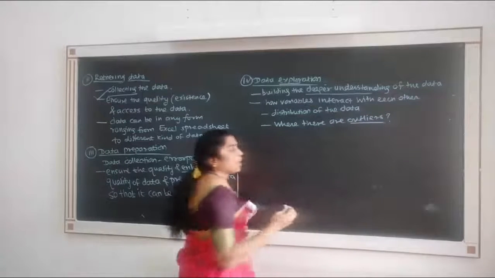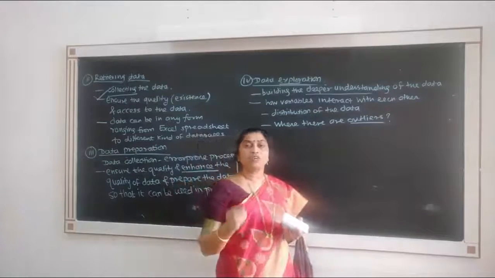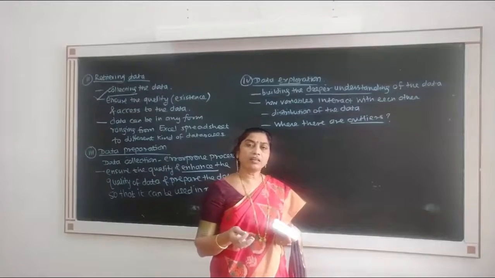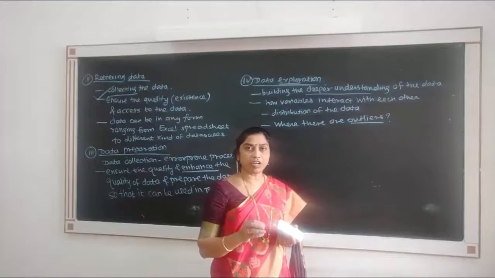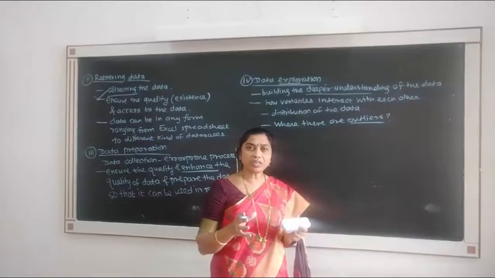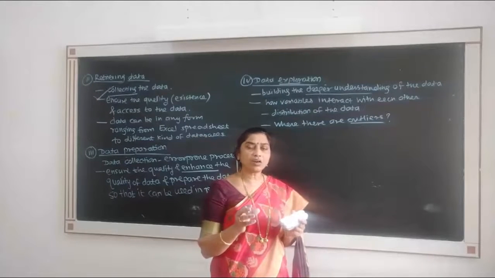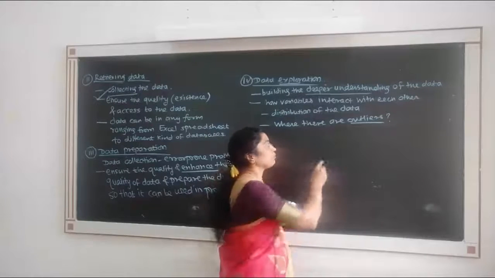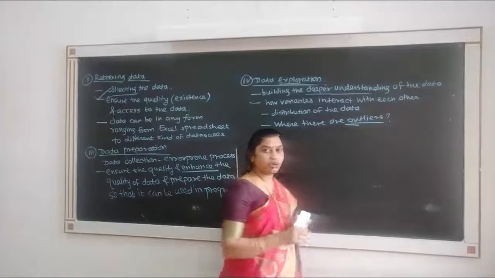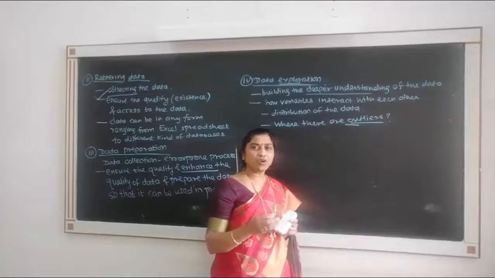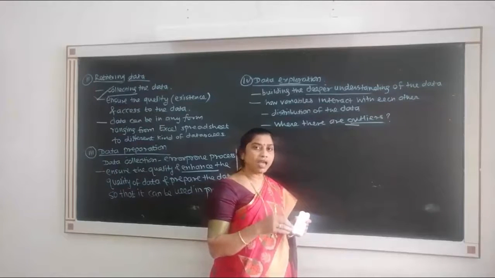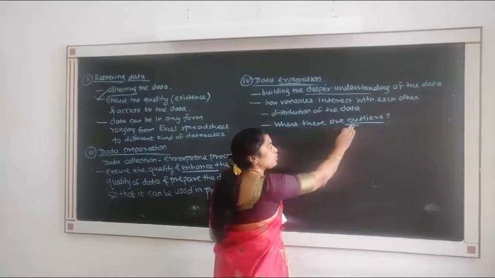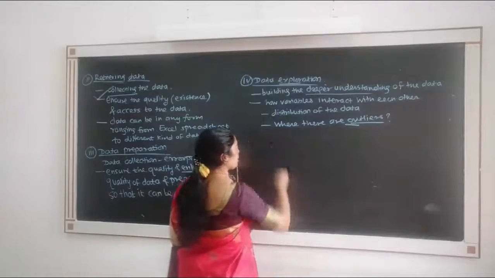Outlier means the data values which are larger or smaller than most of the data values. That is, in your set, the data values are of some type. From that, there are some data values which are very large or very small compared to most of the other data values. So search for those outliers.